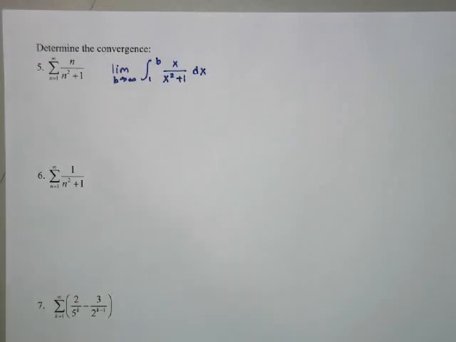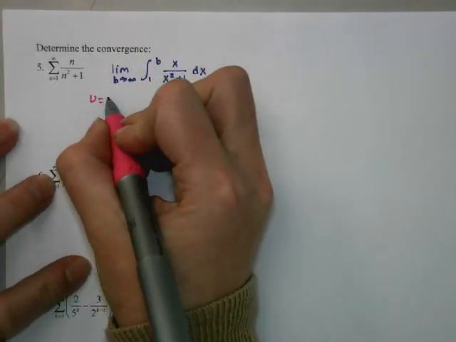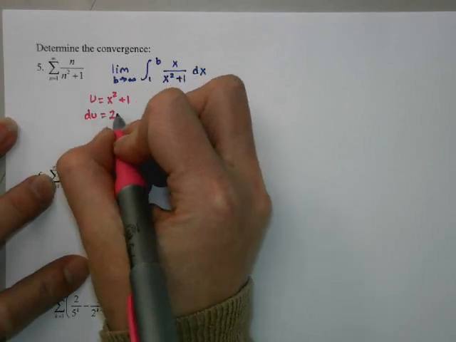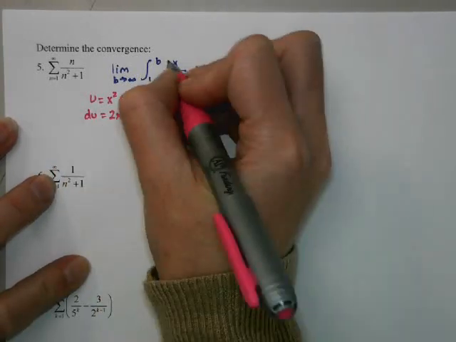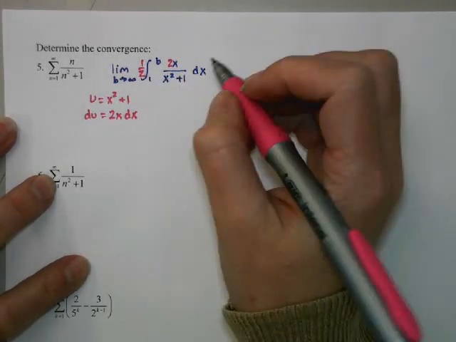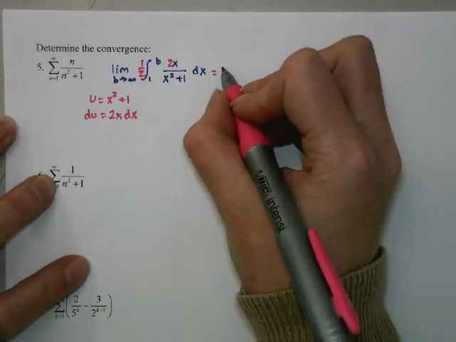Okay, and I'm going to do a u substitution here. I'm going to let u equal the denominator, and du is going to equal 2x dx. I'm going to put a 2 in here, which means that I need to undo that and do the u substitution.